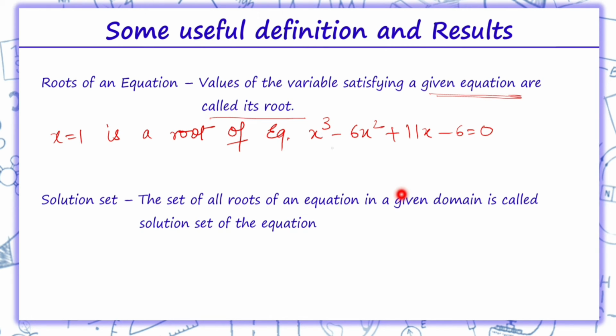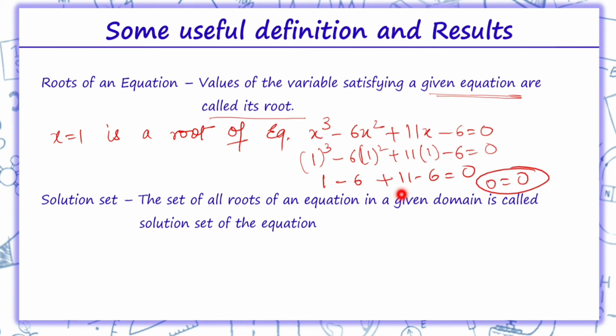So in place of x, if we substitute 1, we will get LHS equals RHS. So therefore we say x equals 1 is a root of this equation. We get 1 minus 6 plus 11 minus 6, so 0 equals 0. So x equals 1 is a root of this polynomial.